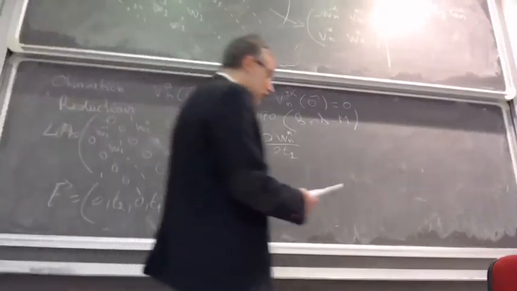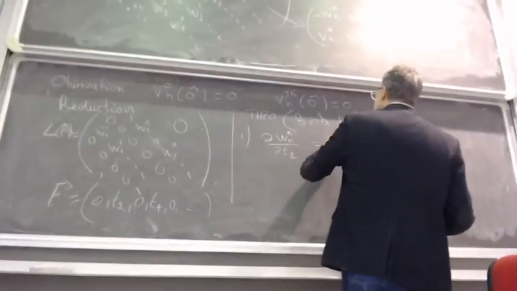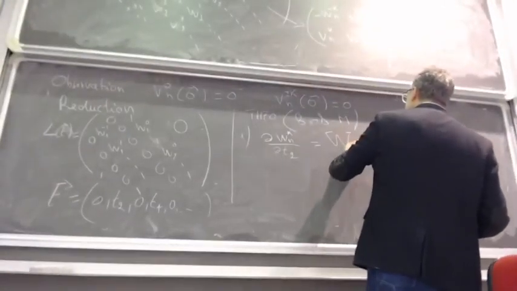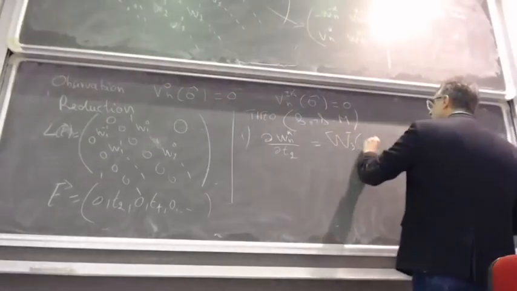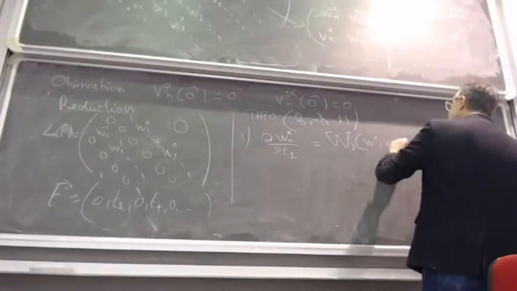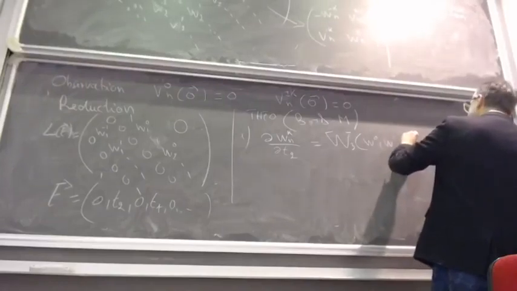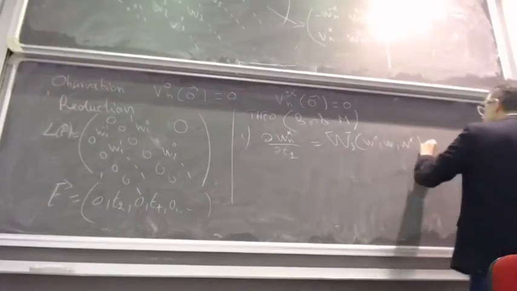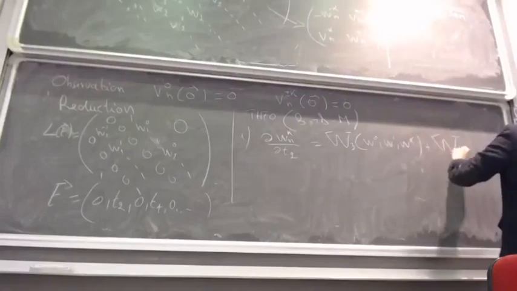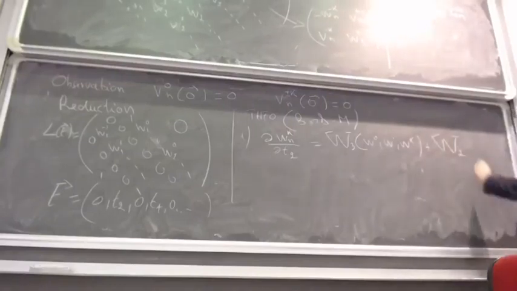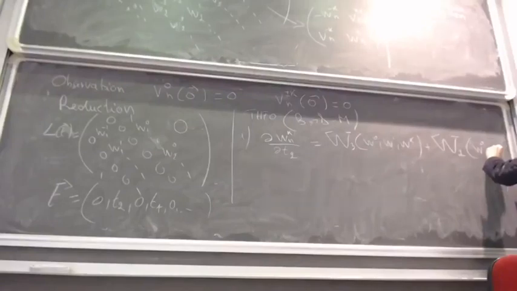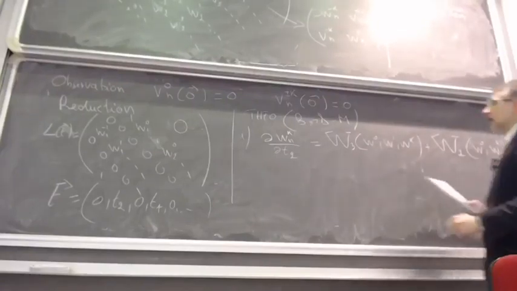Now we concentrate on the first equation. This is equal to some function W3, which contains W0, W1, Wk, plus some function, I call it capital W2, function of W0, Wk, plus or minus 1.